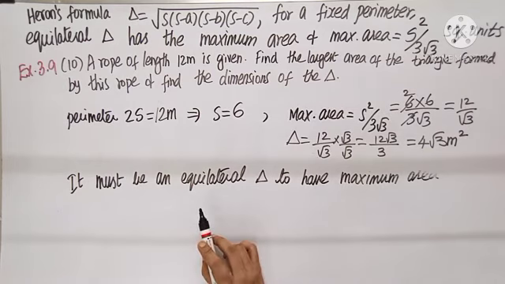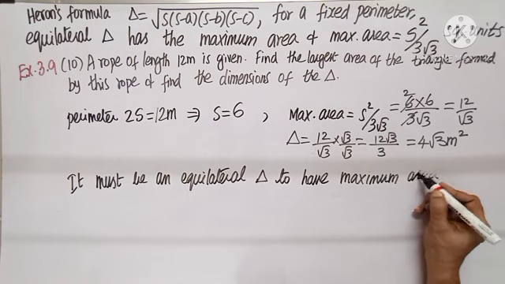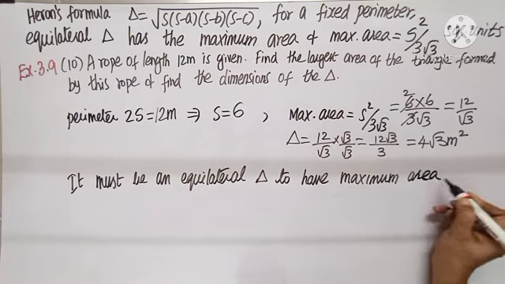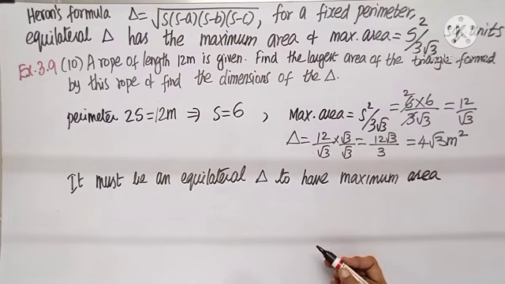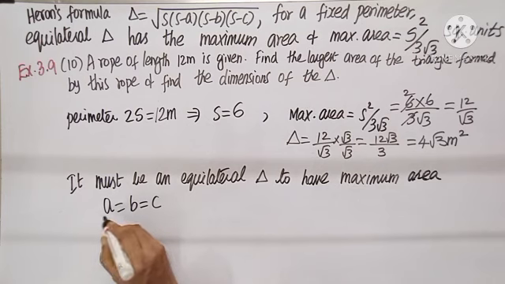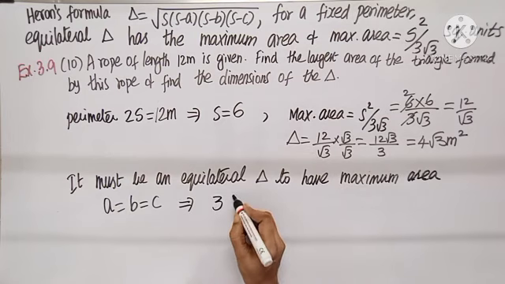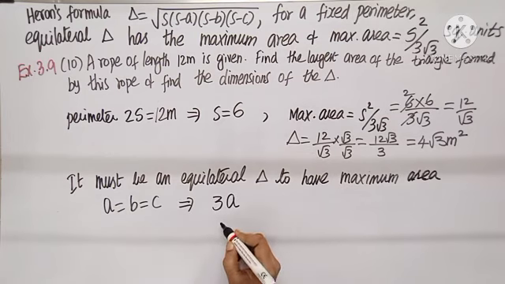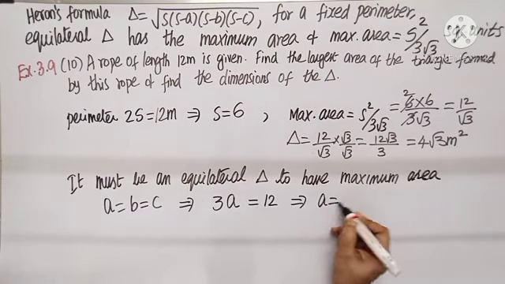It must be an equilateral triangle to have maximum area. Look at the question. We are given the largest area. So it must be an equilateral triangle, which states that all the 3 sides are equal. So A equals B equals C tells me all the 3 sides are A. If I take 3A equals the perimeter, 12, so A equals 4.